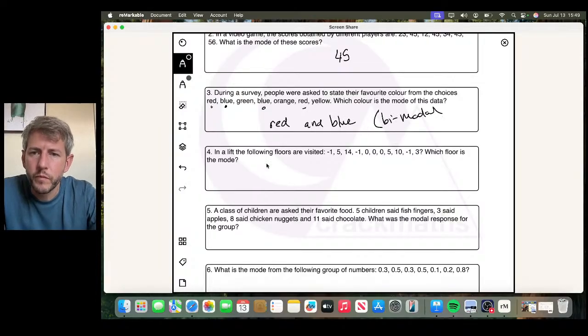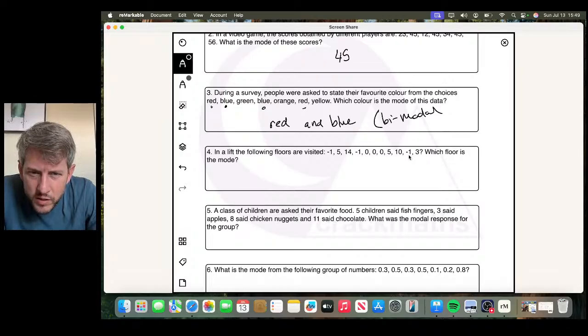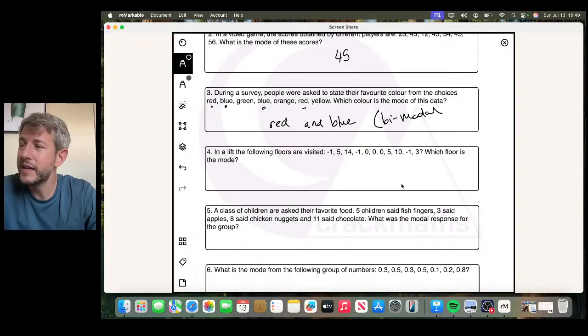Okay. In a lift, the following floors are visited: -1, 5, 14, -1, 0, 0, 0, 5, 10, -1, 3. Okay, so the mode is going to be between -1 and 0, which makes sense, the ground floor and the basement. So let's see, we've got 1, 2, 3 -1s, 1, 2, 3. We've got 3 zeros, so it is bimodal again.